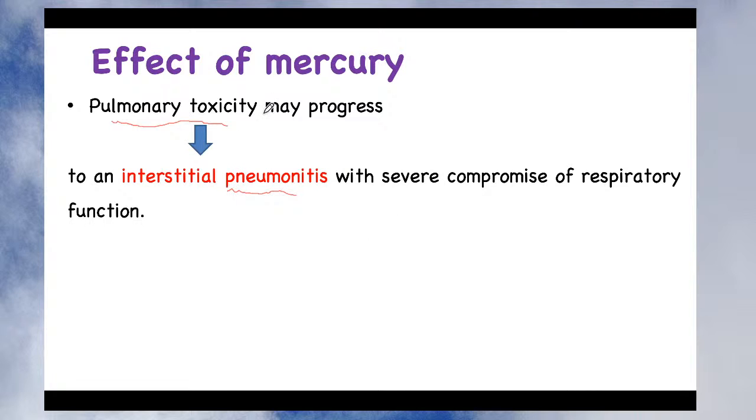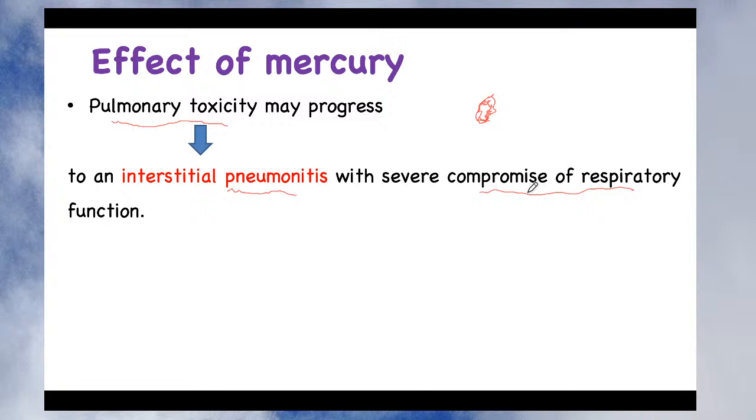So initially there is just pulmonary toxicity, which may progress to interstitial pneumonitis with severely compromised respiratory function. Obviously, when the alveolar space is reduced, suppose these are the alveoli, and if there is inflammation, due to inflammation the alveolar capacity to accommodate air will reduce, and the patient may suffer from a breathing problem, right?